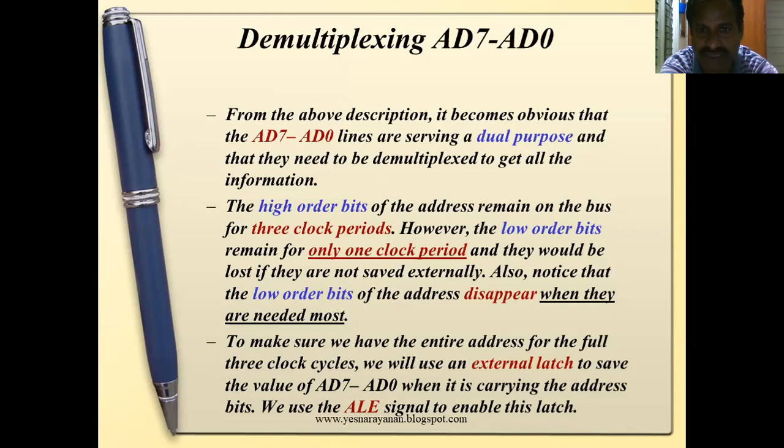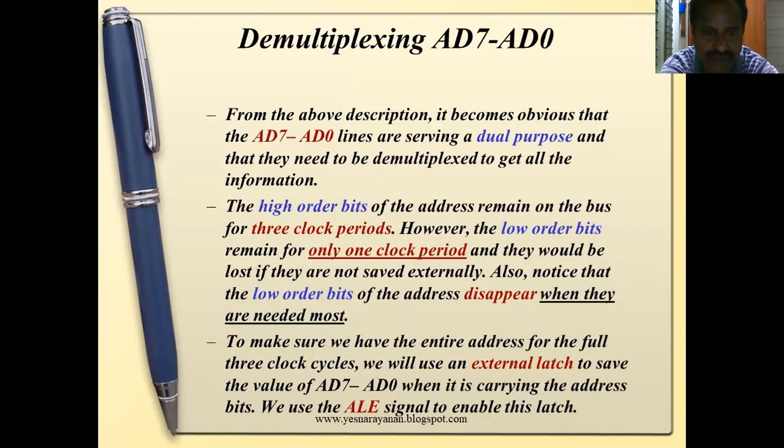However, the low order bits remain for only 1 clock period, and they would be lost if they are not saved externally. Also, notice that the lower order bits of the address disappear when they are needed most.